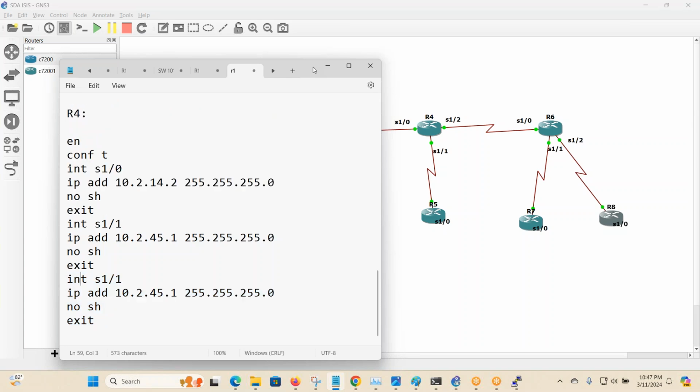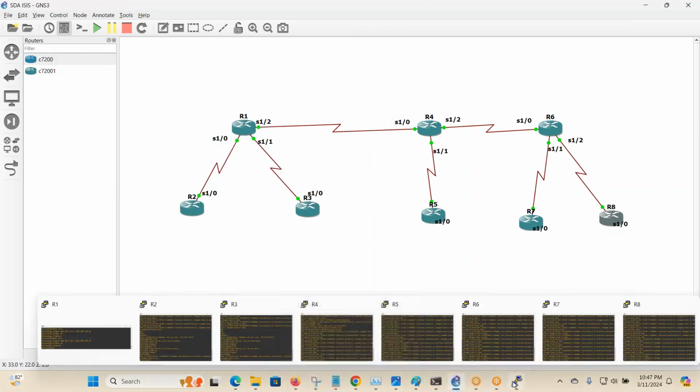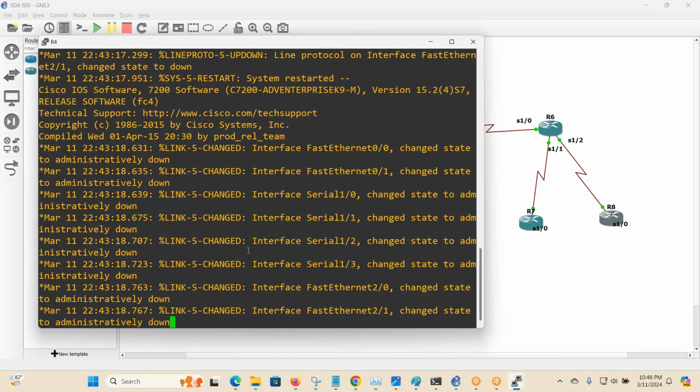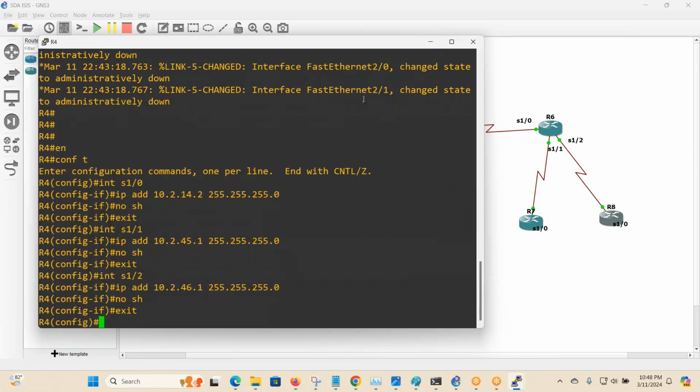Then we have serial 1 by 2. So it is 10.2.46.1. We go to R4 and paste it.